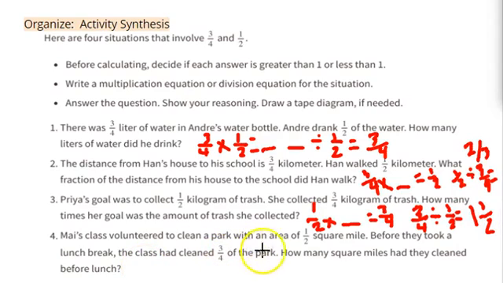Mine's class volunteered to clean the park with an area of 1/2 square mile. Before they took a lunch break, the class had cleaned 3/4 of the park. How much had they cleaned? Going to be less than 1, right?